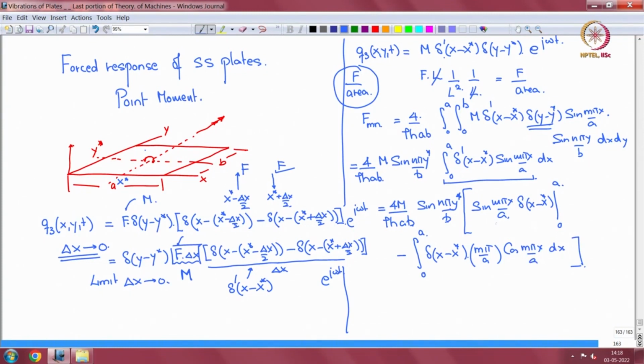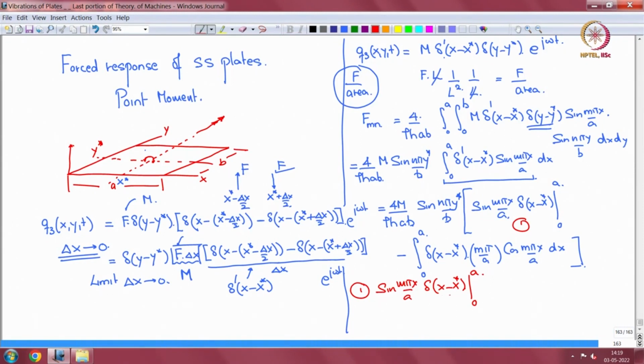Now let us look at this term here: sine m pi x by a delta of x minus x star between 0 and a. We are not putting a force at the boundary at 0 or a, we are putting a force somewhere in the medium, in the plate. So x star will never be 0 or a.